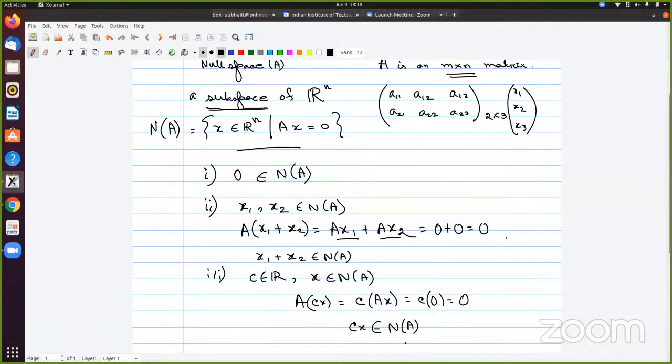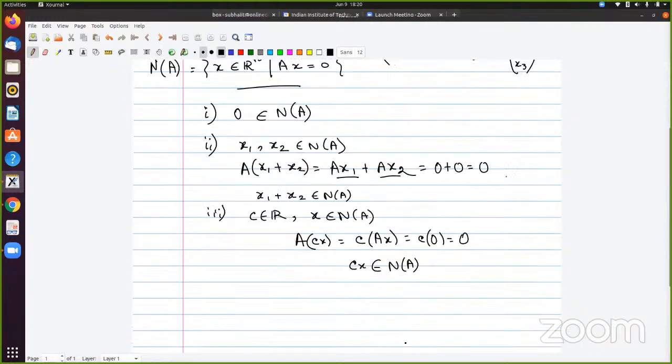So we can talk about its basis, and it must have some dimension, and that dimension is basically the nullity of a matrix. That is the definition of nullity: the dimension of the null space of A.